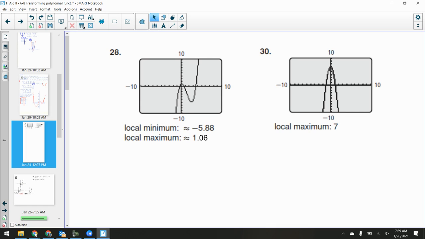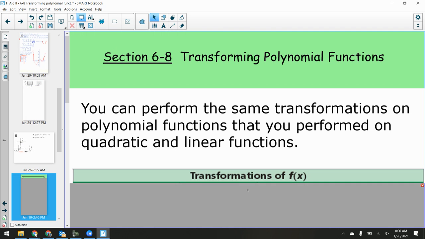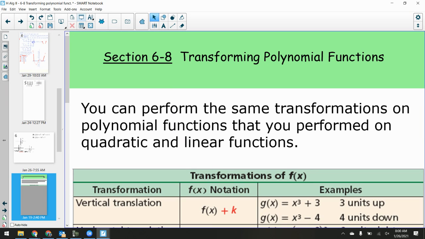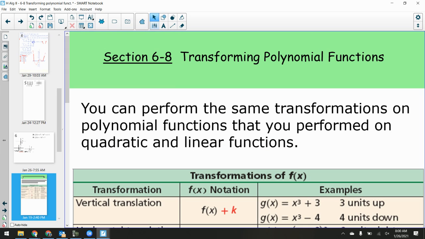Now, just like you could perform transformations on functions that we've done before, like quadratics and linears, we can do the same thing on polynomials. These are the rules. You see them right in front of you. These are the rules for transformation. I'll tell you this right now, these are not new.